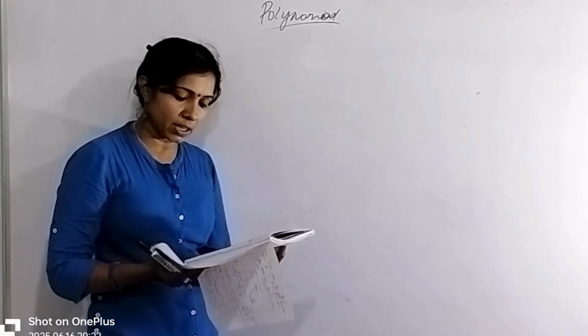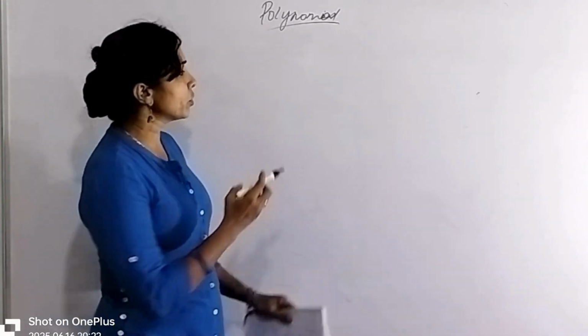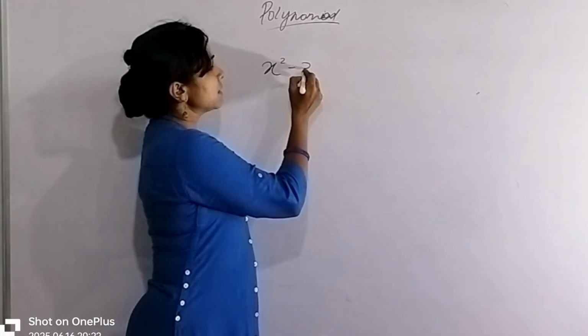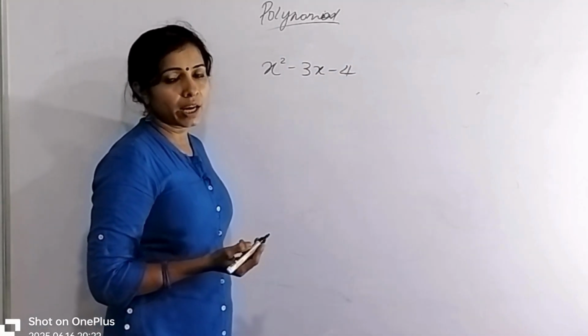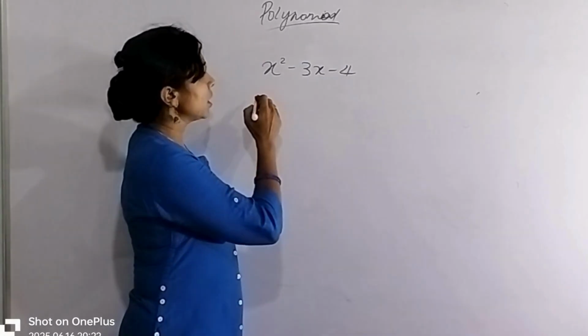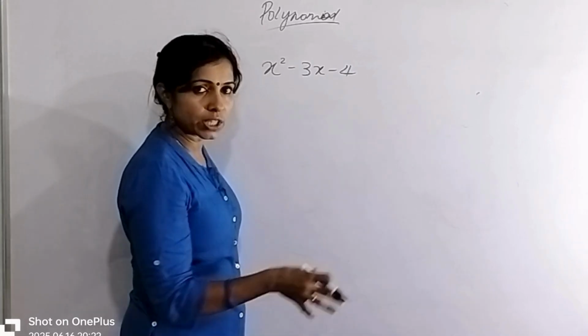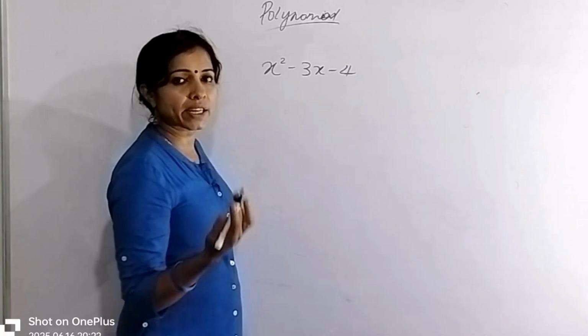Let's listen here. I'm just going to write one quadratic polynomial. You know how to factorize it also. x square minus 3x minus 4. This is a quadratic polynomial. And what are the zeros? That means for what value of x the polynomial's value becomes 0. That is called the zeros. So here, how to find the roots? We know by factorization.